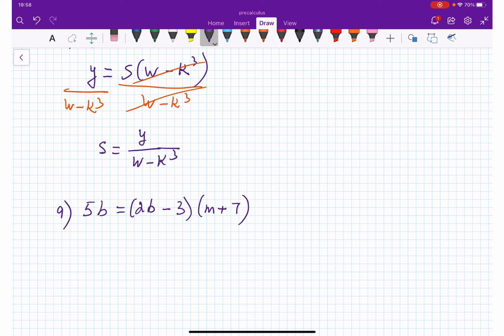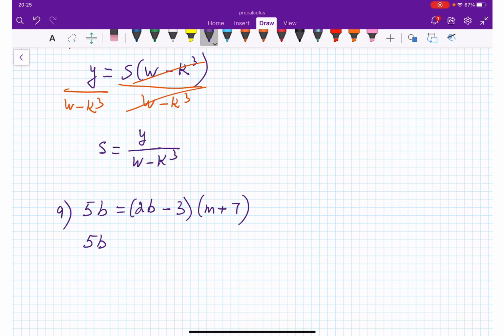Okay, we need to find b. This is interesting. So what am I going to do first? I'm trying to see if I can avoid multiplication of these two parentheses. No way. One way or another I have to multiply. So let's multiply.